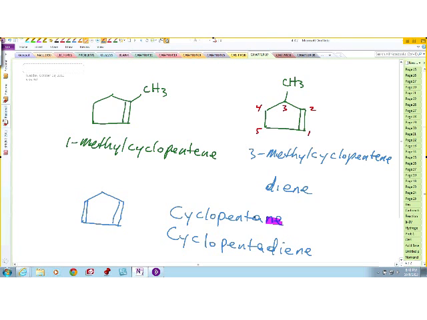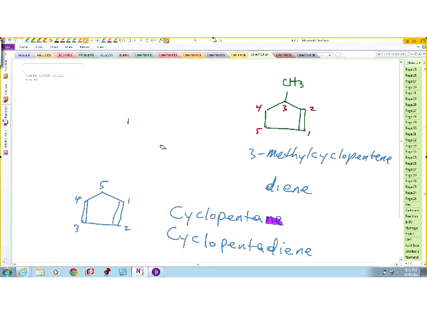Okay? Cyclopentadiene. Now, in this case, let us see here. We have 1, 2, 3, 4, and 5. In this case, we may be able to get away without indicating the position of the double bonds, right? Now, supposing we have this.